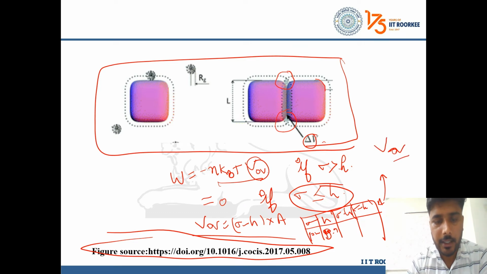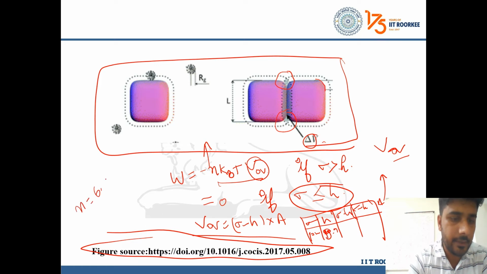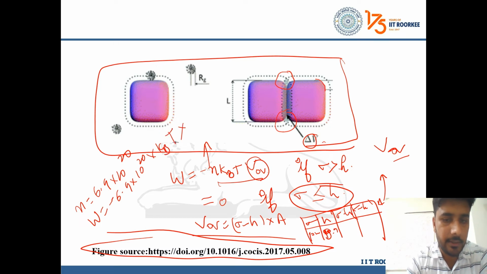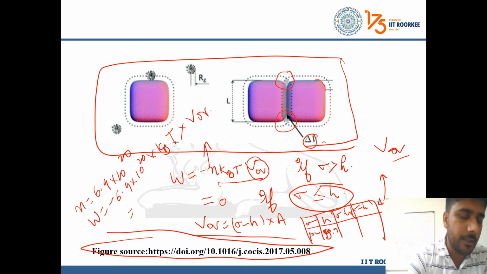And n is the number density given in the question, that is 6.9 times 10 to the 20. You write kBT as it is, because you have to get the answer in kBT terms, and with the V overlap value put in, you will get the answer in the range of minus 20.5 to minus 19.5.